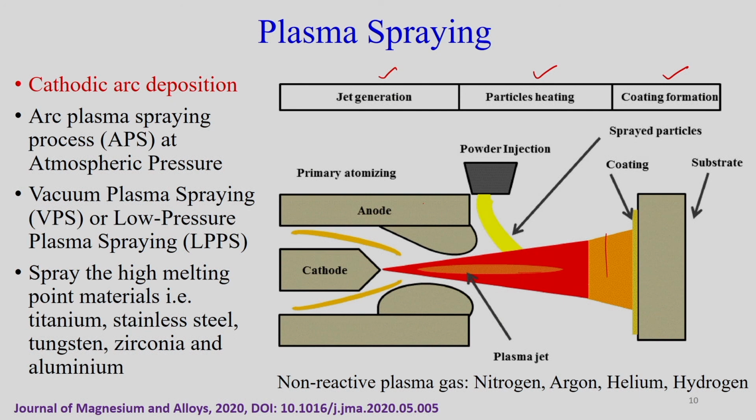If it is performed at atmospheric pressure, we call it arc plasma spraying, and if it is performed at low pressure, we call it vacuum plasma spraying or low pressure plasma spraying. Because of this arc we get very high temperature, so we can use high melting point materials like titanium, stainless steel, tungsten, zirconia and aluminum. These materials can be easily applied, and we use non-reactive plasma gases like argon, nitrogen, helium or hydrogen.